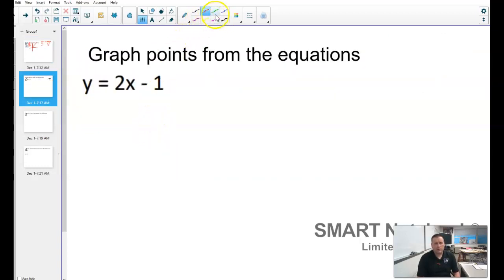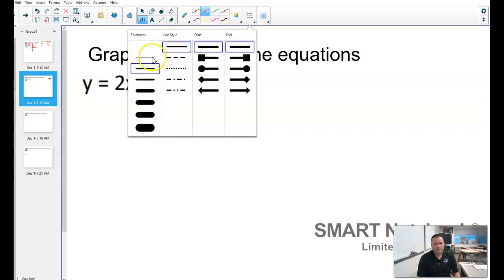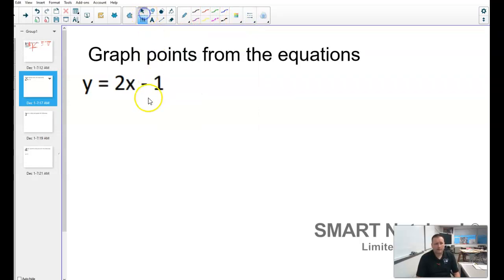This one wants us to look at graphing from an equation. That's not too bad, guys. So for this one, all I'm going to do is set up my XY table here, and what I'm going to do is just plug in x values.